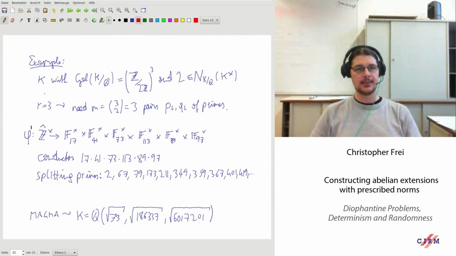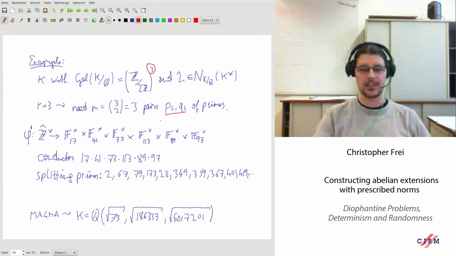So I want to find a field K that's abelian over Q with Galois group Z mod 2Z cubed, so a triquadratic field. And I want 2 to be a norm from this field. So my rank here is 3, which means that I need 3 pairs of primes PL, QL.